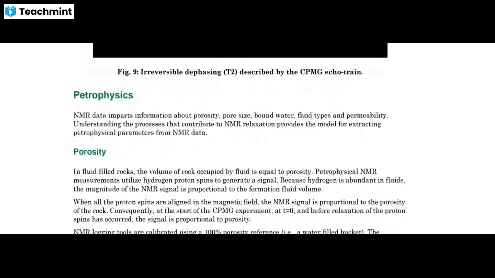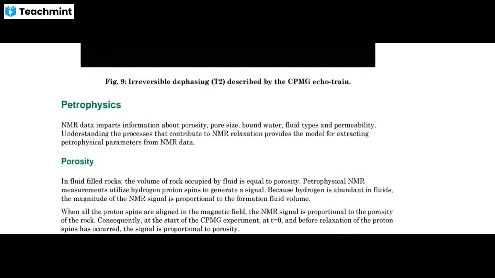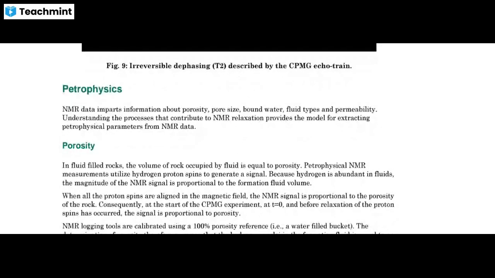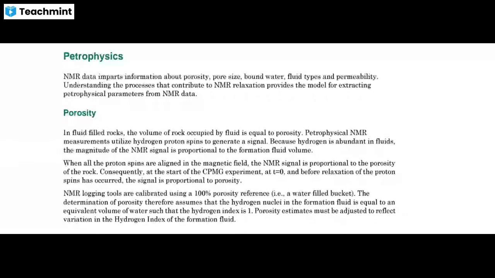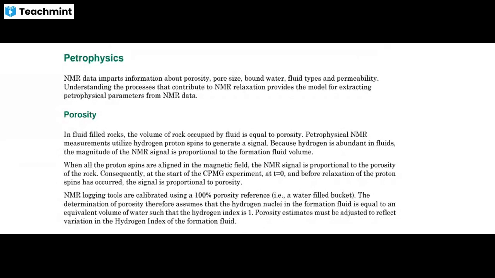Porosity means, in fluid-filled rocks, the volume of rock occupied with fluid is equal to porosity. Therefore, petrophysical NMR measurements utilize the hydrogen proton spins to generate the signal, because hydrogen is abundant in fluids. So the magnitude of the NMR signal is proportional to the formation fluid volume.